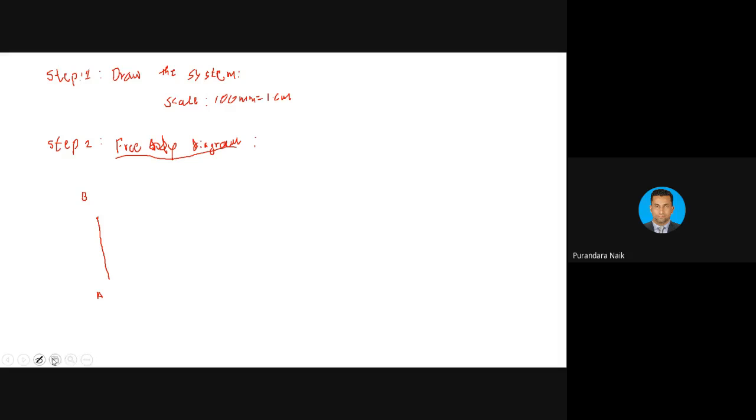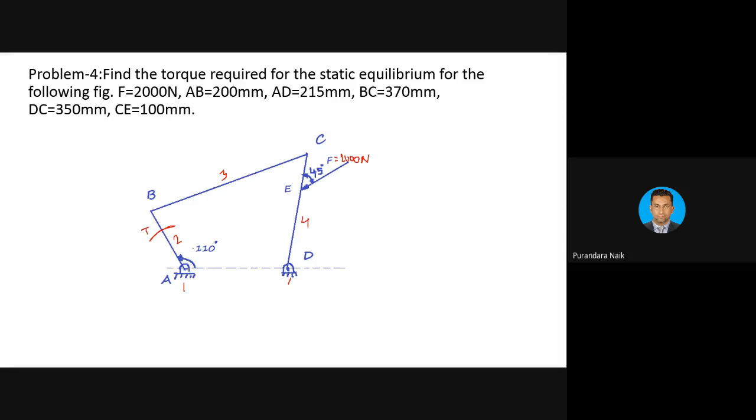I don't know the force, so it is a zigzag. This is F12, on link number 2. F12 here.